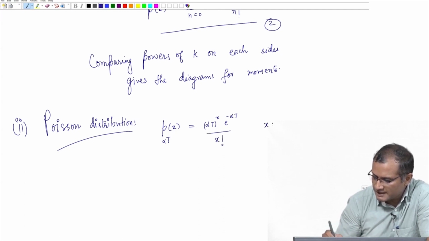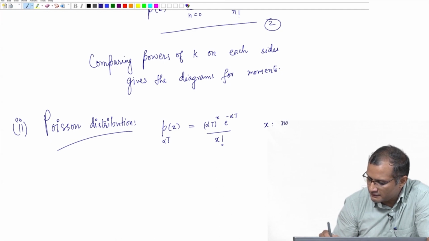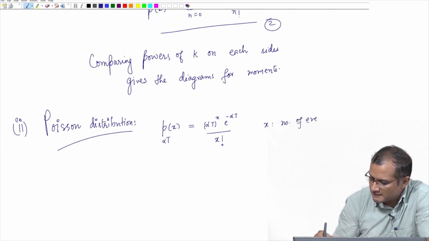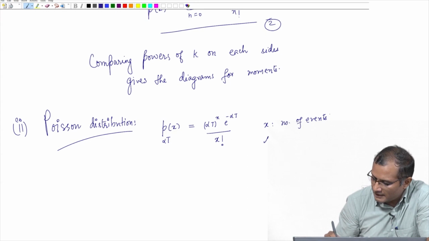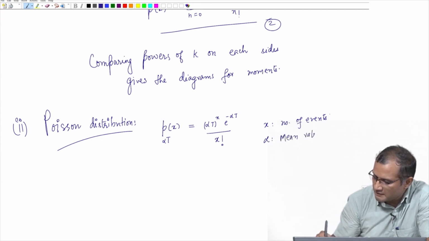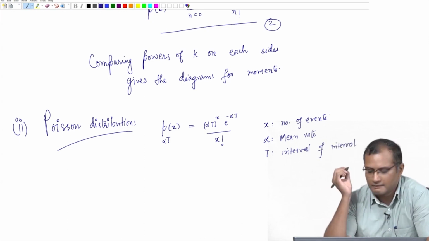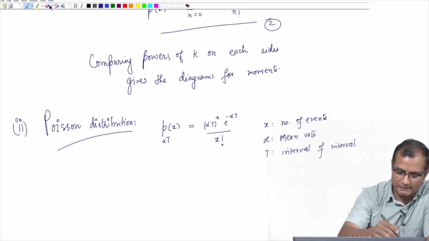Alpha t is to be seen as a mean number, because alpha is the mean rate and t is the waiting time. So, x is the number of events, alpha is the mean rate, and t is your interval of interest.